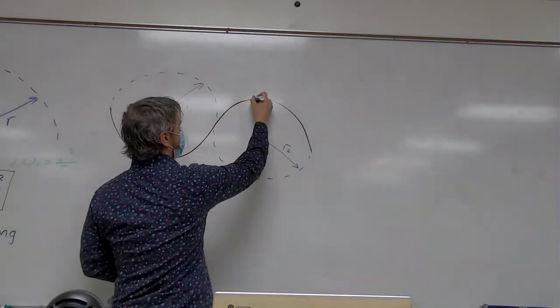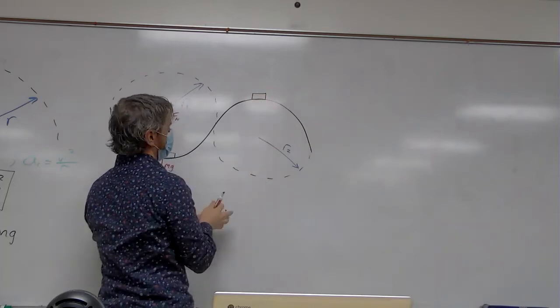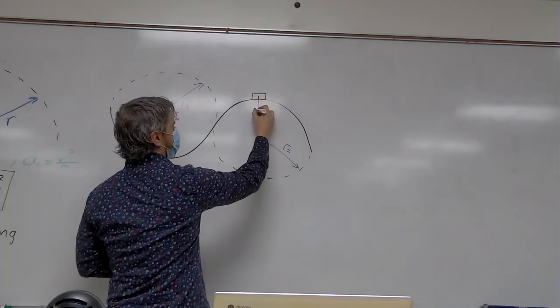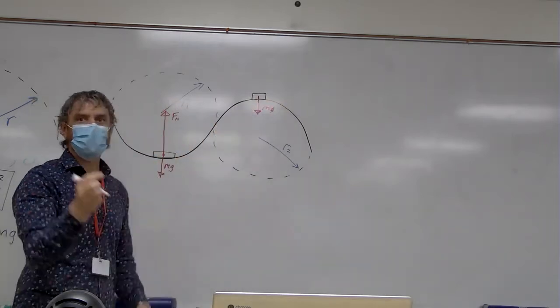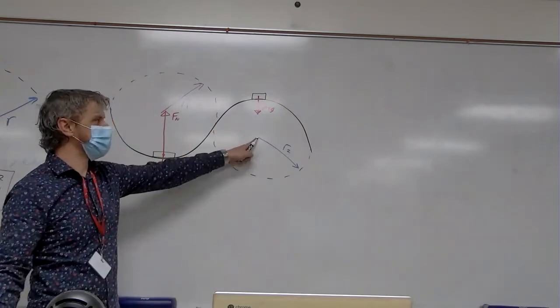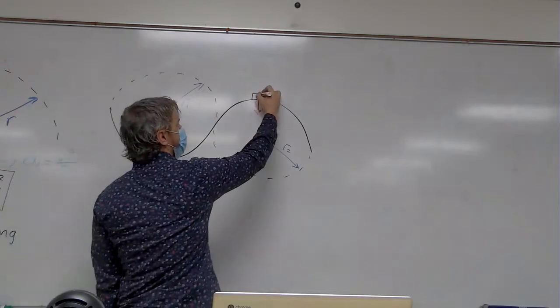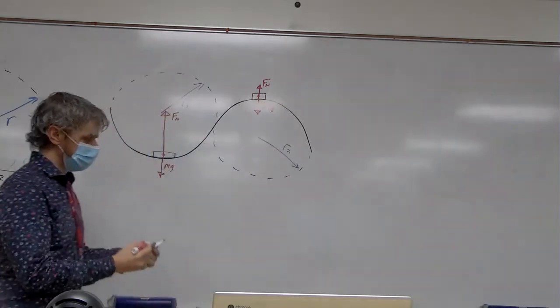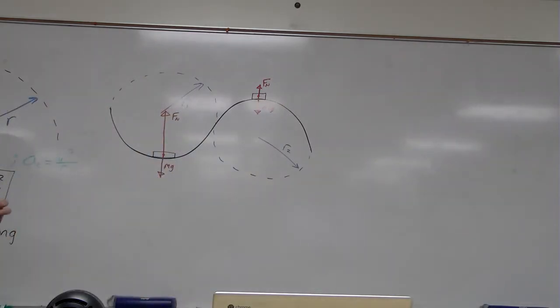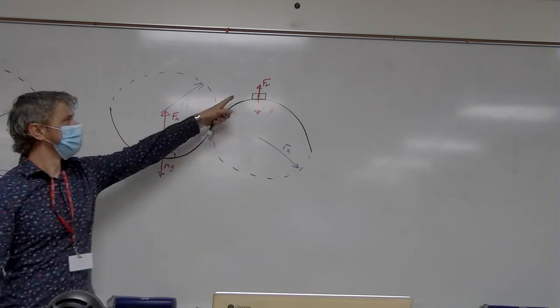When I go over the top here, my weight force points down. Same weight force as here, but now I'm accelerating towards the center of the circle, which is down, which means the normal force must actually become smaller. And if I go fast enough, what happens to that normal force? It becomes zero.